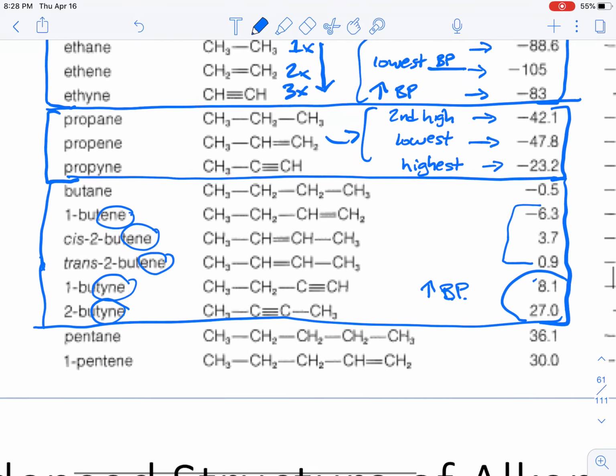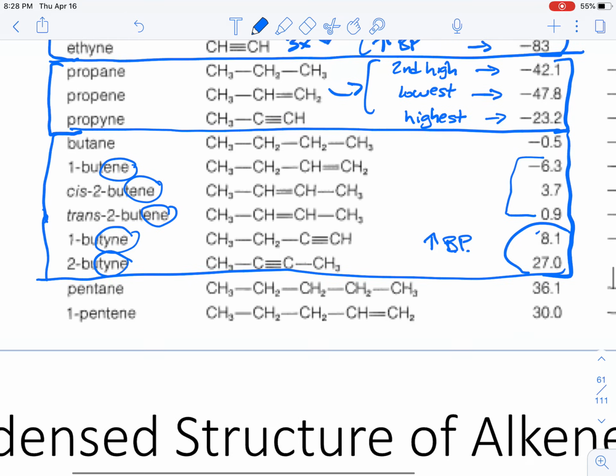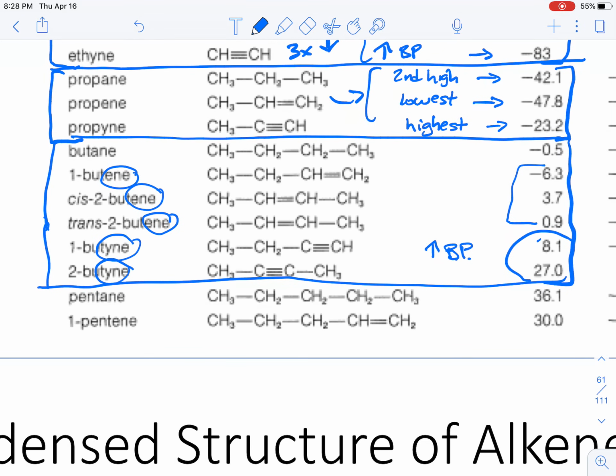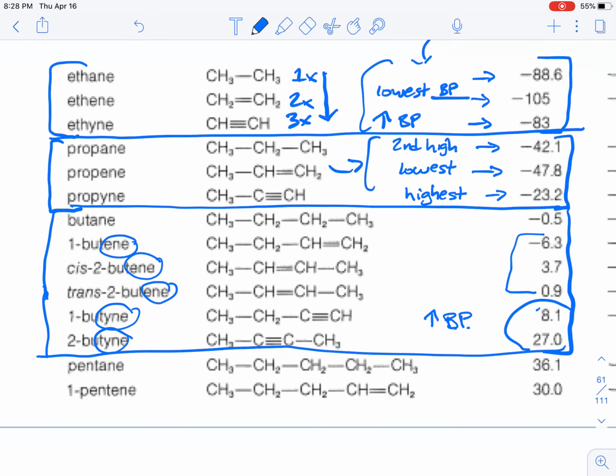But in all scenarios, it looks like our triple bond is going to have the highest boiling point among all three of those hydrocarbons.